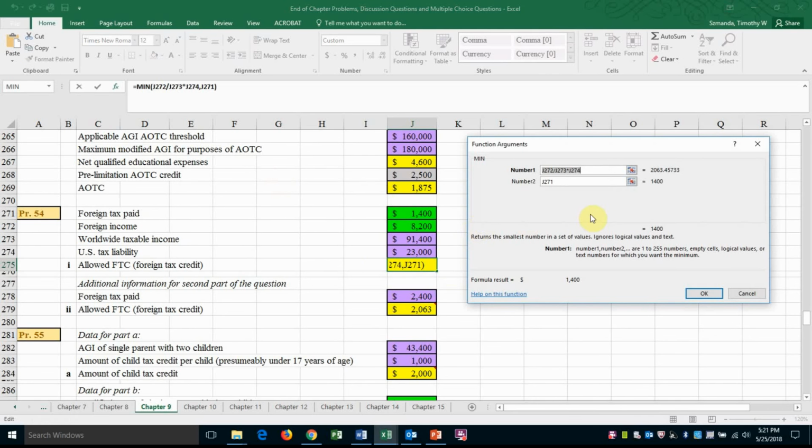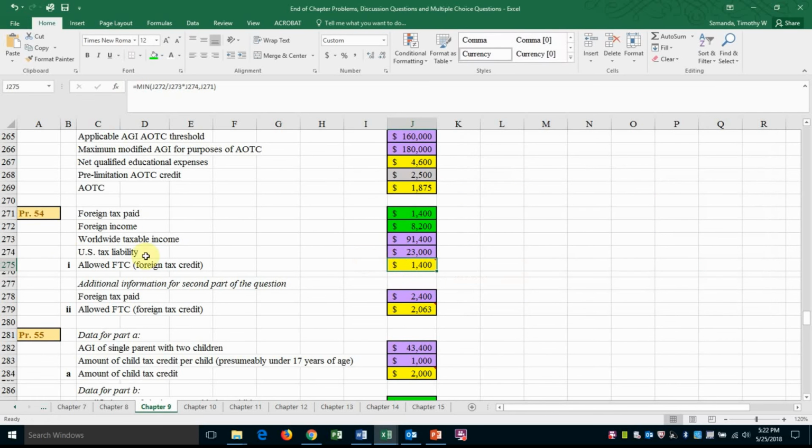And what we'll do first is we need to take the minimum of the $1,400 taxes paid, because we obviously can't get a credit for the amount greater than that we paid in the foreign tax. And then we're going to compare that to the foreign income divided by the worldwide taxable income, and then we'll multiply that by the U.S. tax liability, and that is less than 1,400, so that will be the amount.